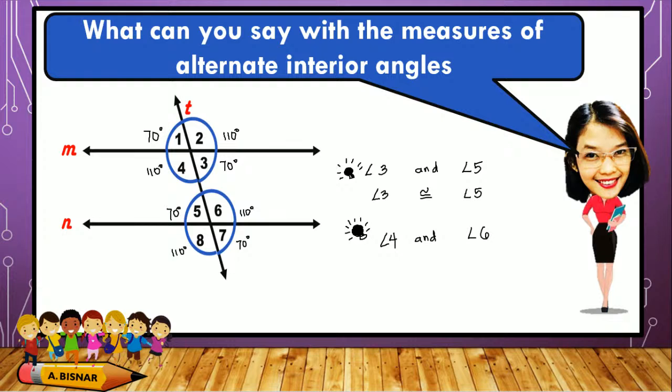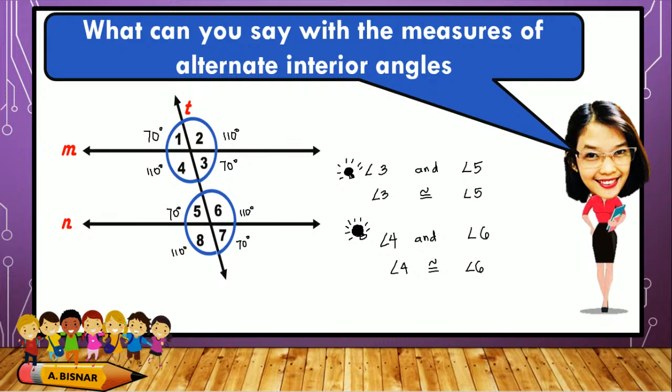What can you say with their measurements? They are also congruent. Again, you will not add. You'll just take a look with their measurements. So we can say that angle 4 is congruent to angle 6.